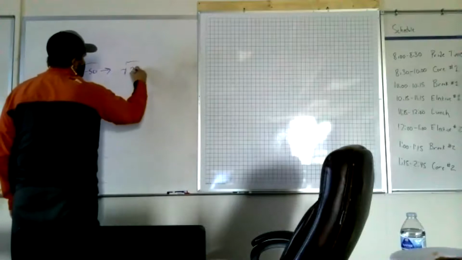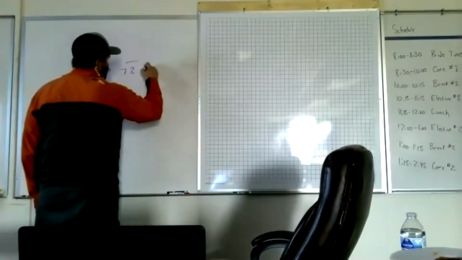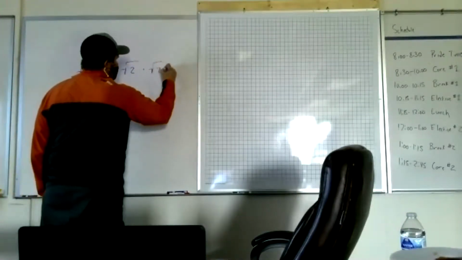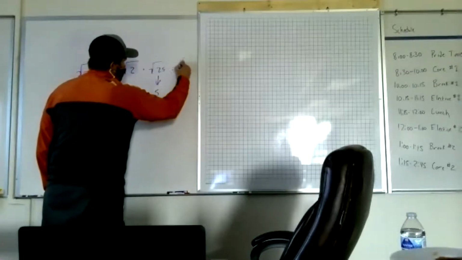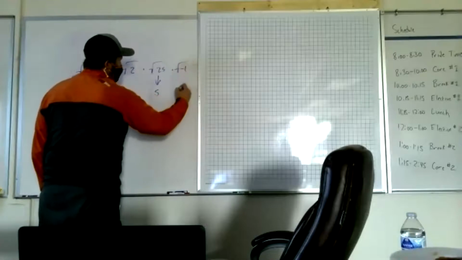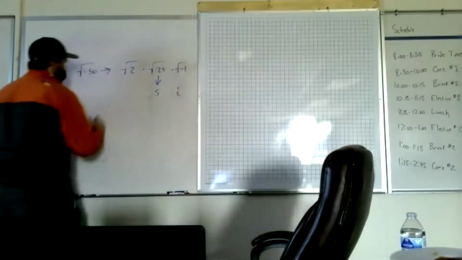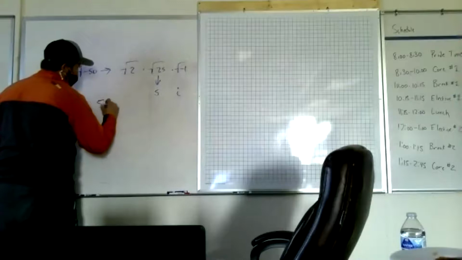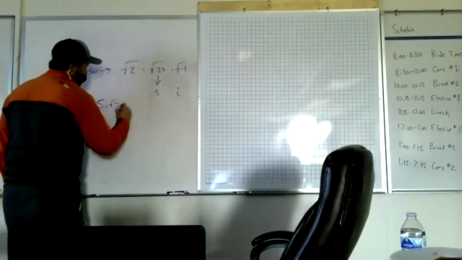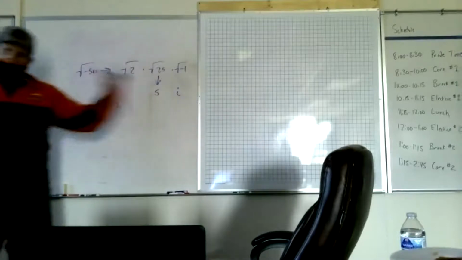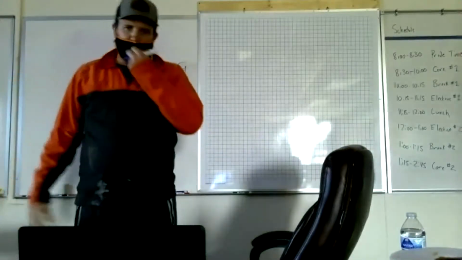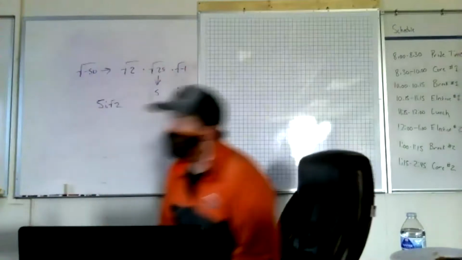That's the square root of 2, that won't change, times the square root of 25, which will break down to 5, times the square root of negative 1, which is i. So this answer is 5i times the square root of 2. Okay, once again, splitting it apart, simplifying the perfect squares when we get them, and then putting it all back together.